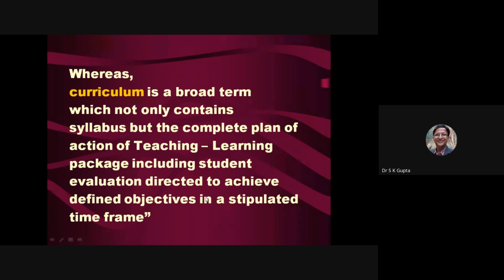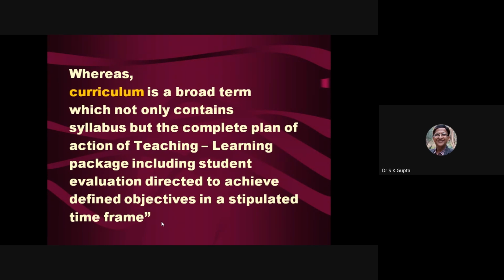And the ultimate aim of curriculum is to achieve defined objectives in a stipulated time frame. So in that time frame, we are to achieve our specific objectives, means your PEOs, program educational objectives, your program outcomes, and your course outcomes.